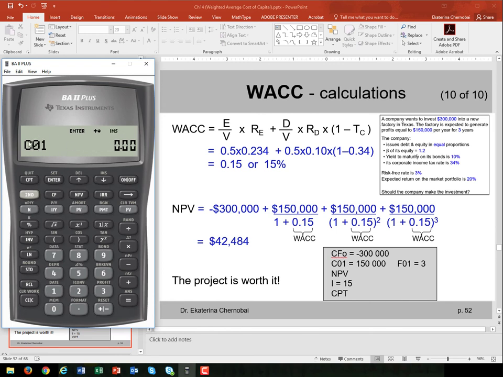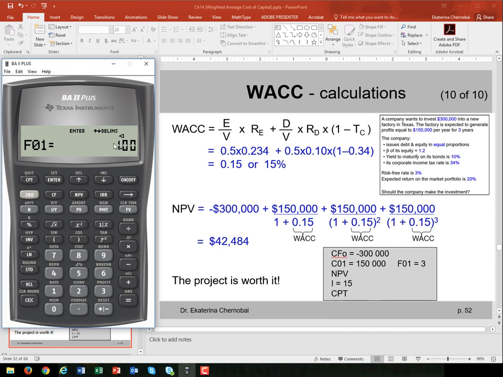It takes me to cash flow number 1 in the future, which is the first year's estimated cash flow, $150,000. I save it by pressing enter. I press the down arrow key. The calculator is asking me about the frequency of the cash flow I have just entered.